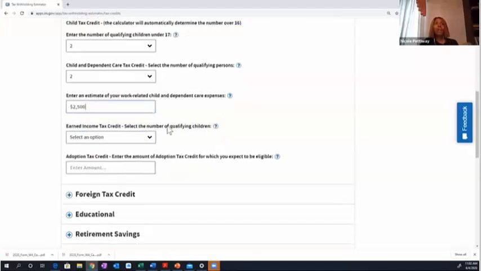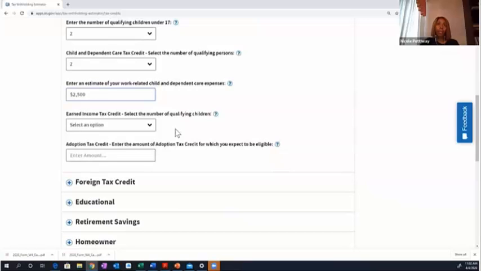The next one says earned income tax credit. Select the number of qualifying children. So this area is dependent on the number of children you have, and how much you make a year. So for her, she's got 2 children. Well, for 2020, the earned income credit limit for 2 children is $47,440. So she just makes a little bit more, where she doesn't qualify for the earned income tax credit. So in this case, we're going to leave that blank.